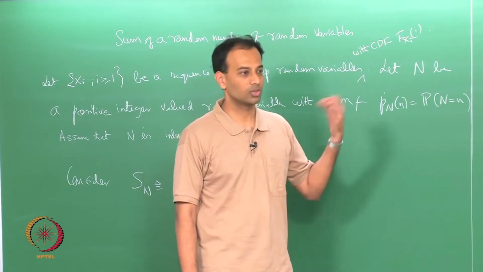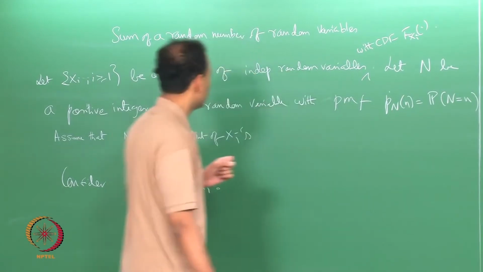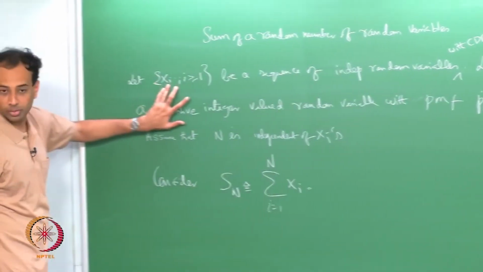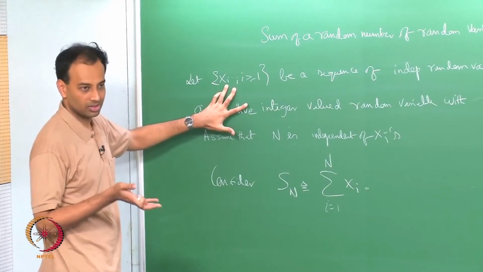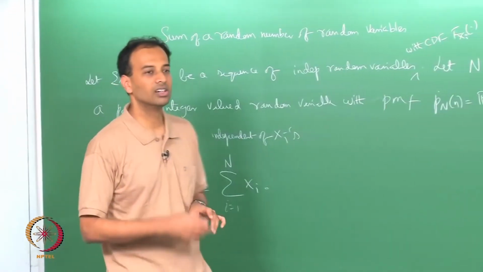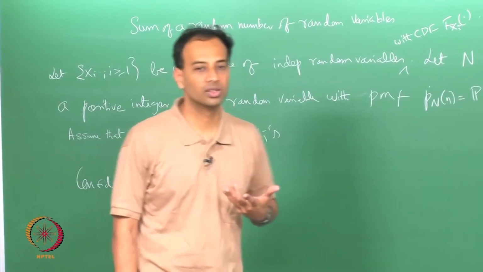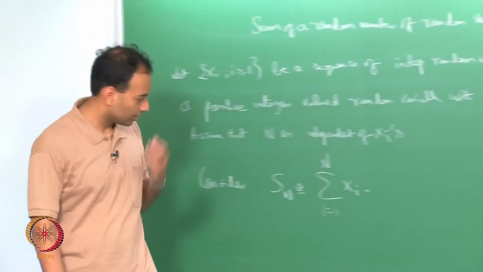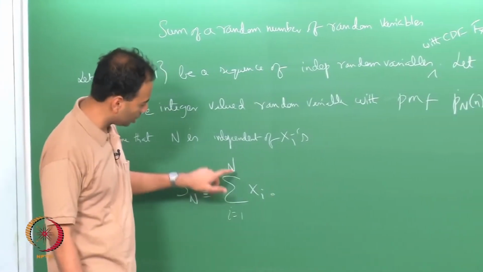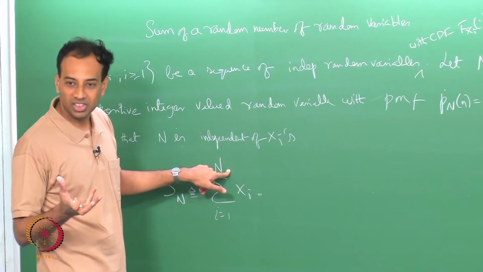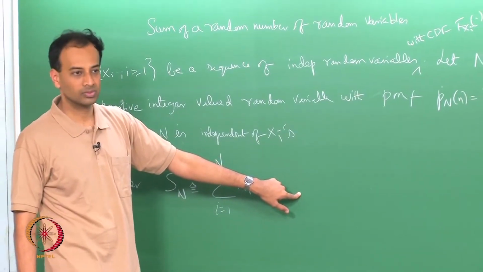So, there is just one underlying source of randomness, and little omega realizes, and once little omega realizes, these Xi's of omega will realize as a sequence of real numbers and N of omega will realize as some positive integer. And so, when omega realizes, you will sum i equals 1 through N of omega of Xi's of omega. Is that okay?